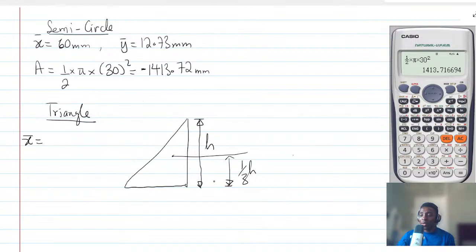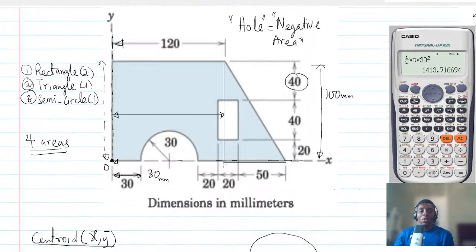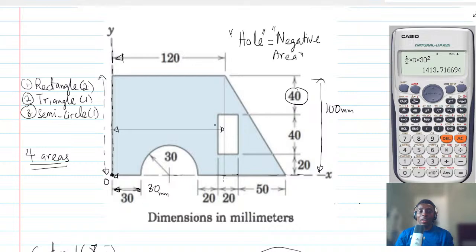Whenever you have a triangle, the centroid will always be at a distance 1/3 of the height. So if I come back to the figure, let's find it together.